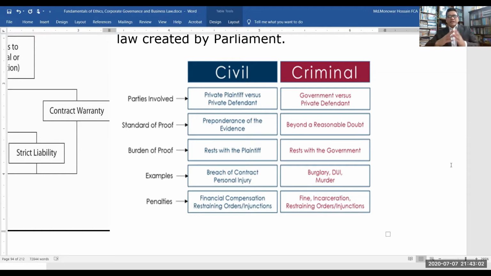Examples: breach of contract, personal injury, etc. are civil law, and criminal law is, for example, murder, burglary, etc. Penalties for civil law are financial compensation and other remedies, and for criminal law, fines and others.